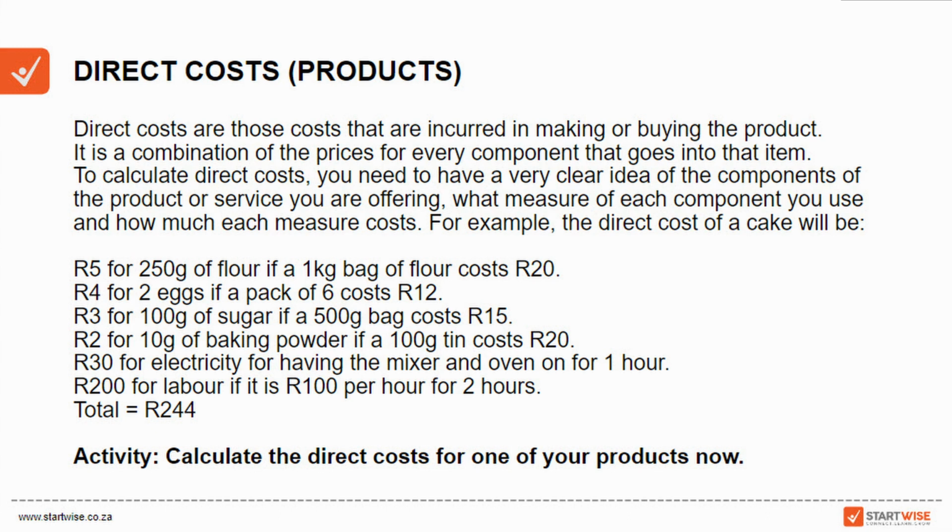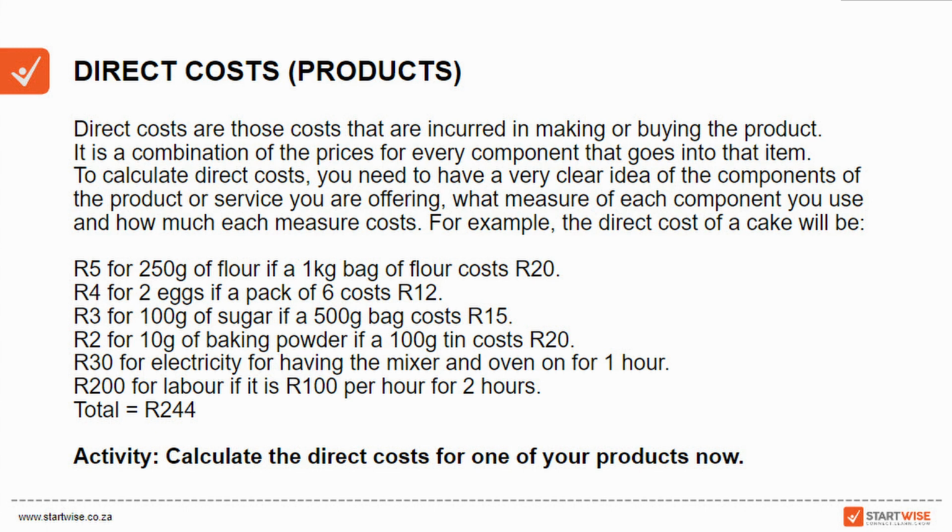So I've given you an example of, I just chose somebody who makes cakes in their business. So perhaps you have a baking business and you need to find out exactly what your direct costs are for one cake. So let's say you go and buy all of your ingredients and you only use a portion of those ingredients in making your cake.